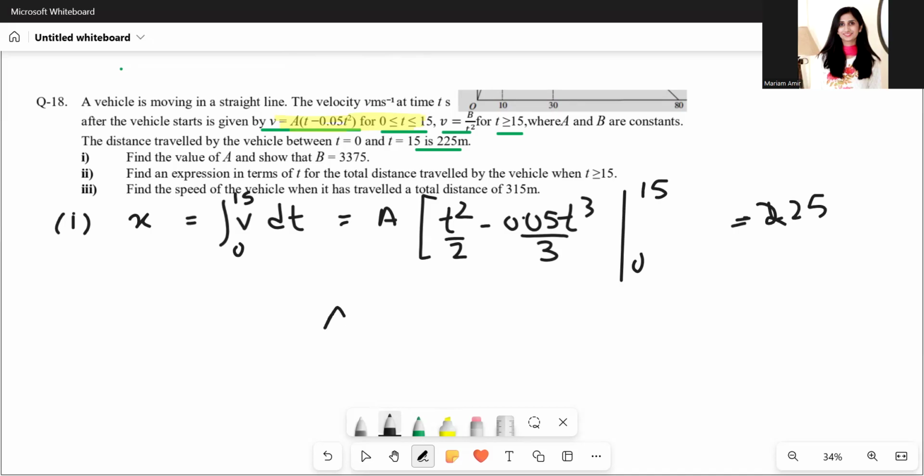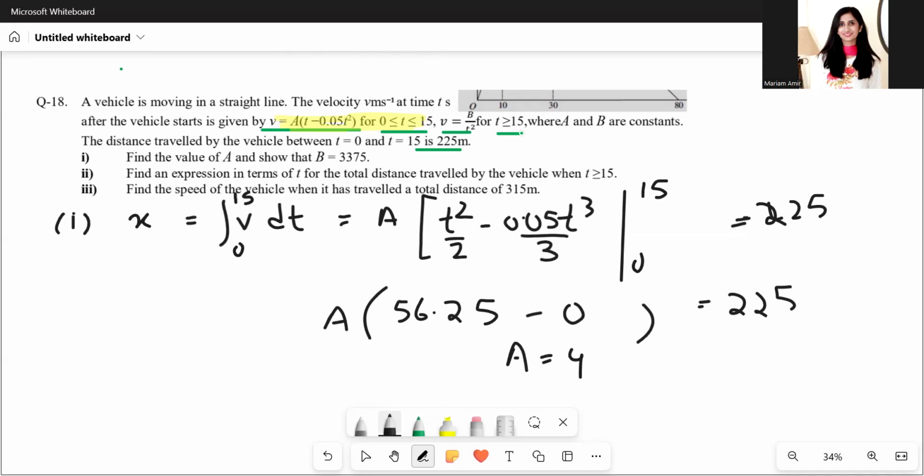Okay, so a is again a. When you substitute 0, you'll just get 0. And let's see what we get after substituting 15. We would get 56.25. Now you use this to get the value of a, and a comes out to be 4.